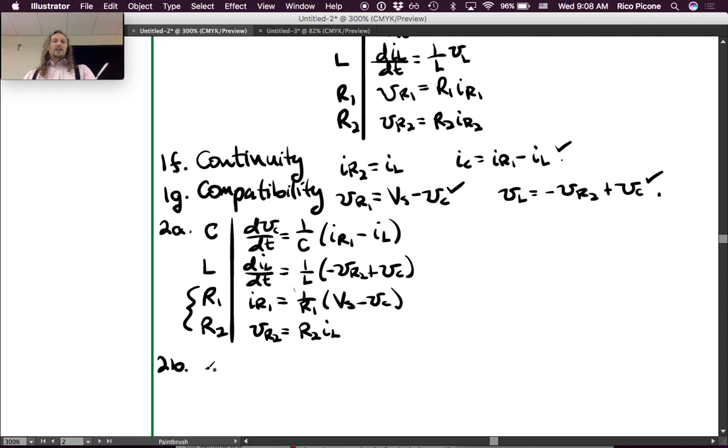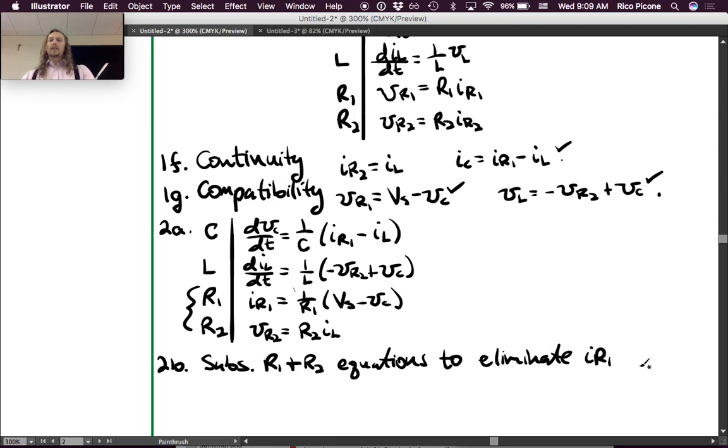So let's use these. So substitute the R1 and R2 equations to eliminate IR1 and VR2.